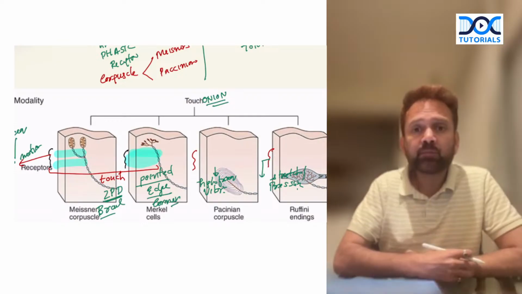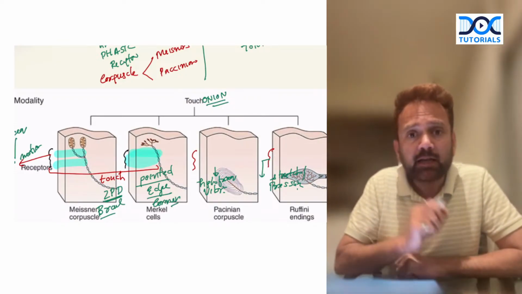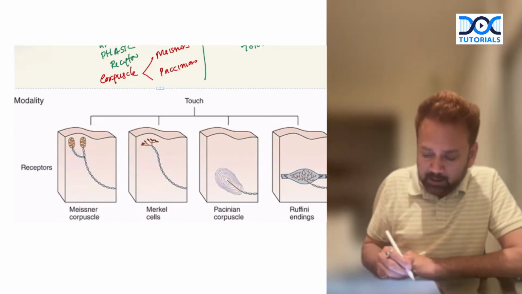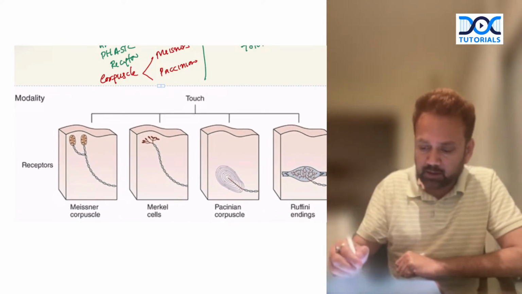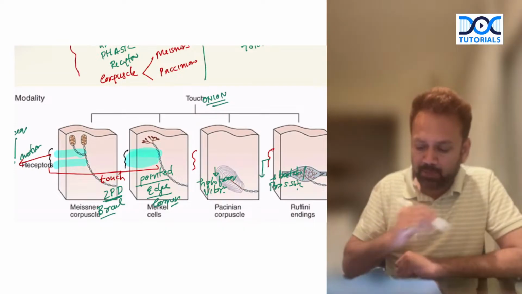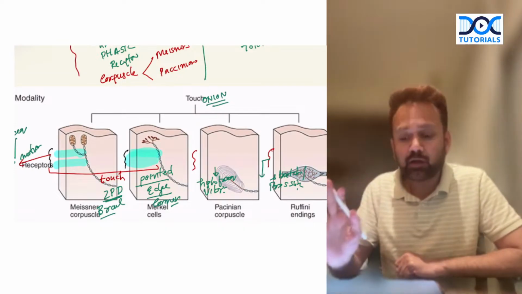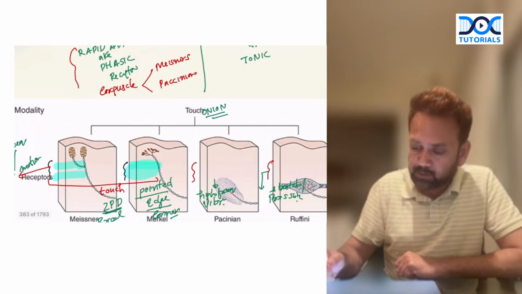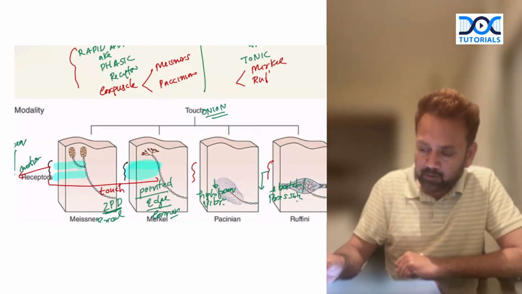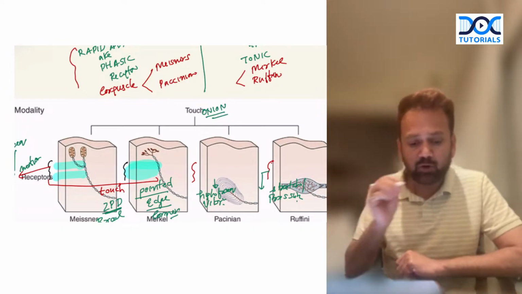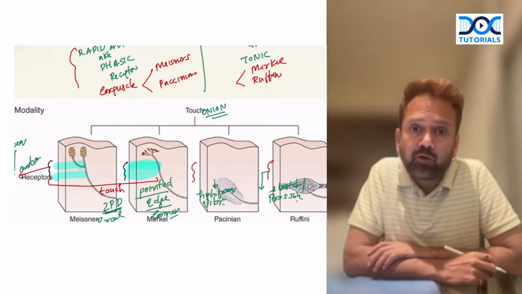The rest are tonic receptors, like the Merkel cell and Ruffini end organ. By remembering this simple mnemonic, you are not going to forget this in the exam.